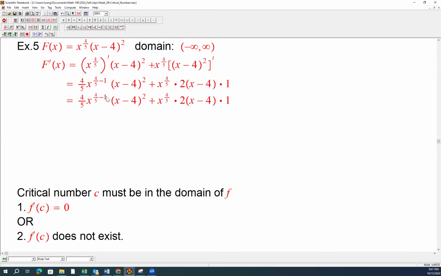We just mentioned that this operation will give us negative 1/5. This part we can remove, and the 2 we can bring to the front. We must simplify this because we need to solve for the critical numbers.